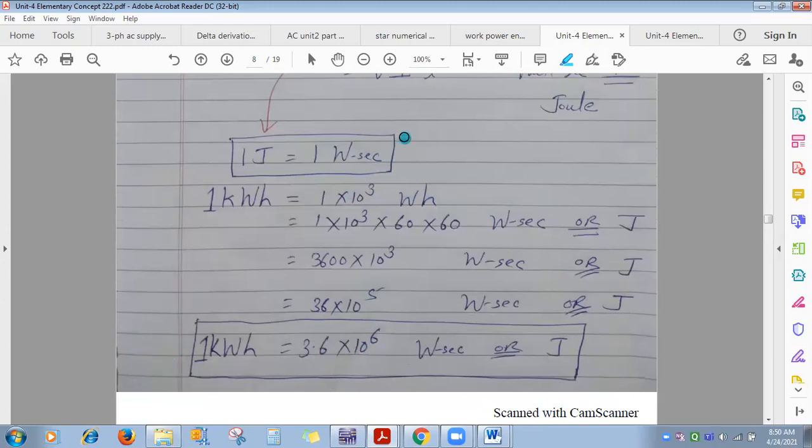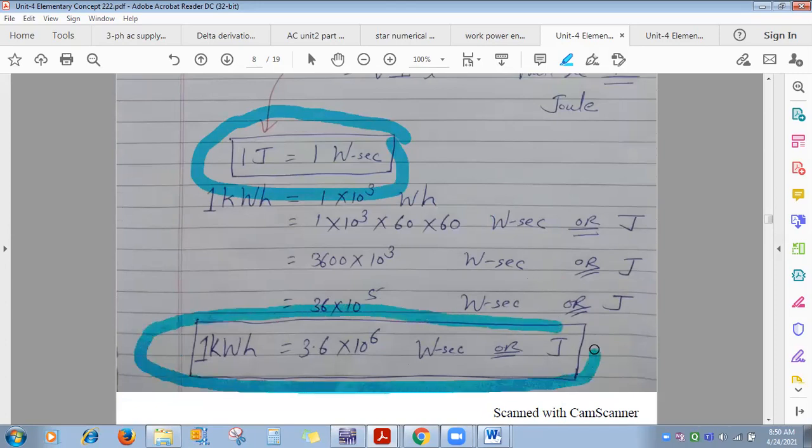Keep this in your mind: 1 joule is equal to 1 watt second, and 1 kilowatt hour is equal to 3.6 into 10 to the power 6 watt second or joule. An MCQ question may be asked based on this relationship: 1 kilowatt hour is equal to how much joule or how much watt second?